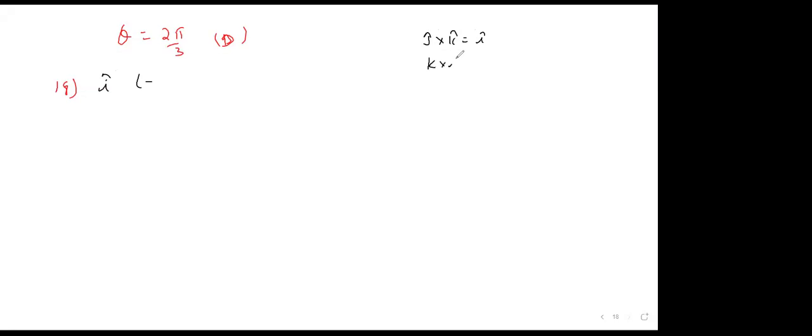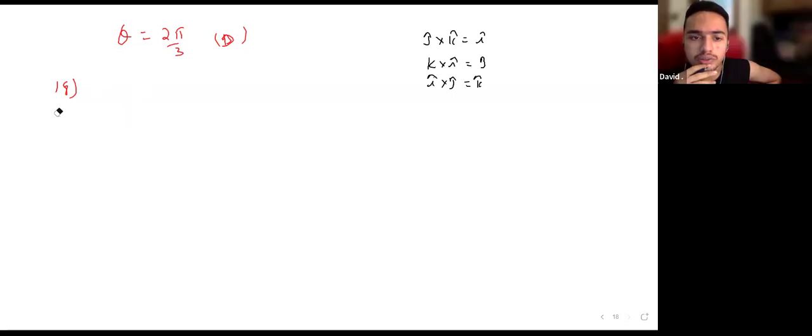K cross I is J cap. I cross J is K cap. And if we change the order, then a negative sign will be there. We discussed it as well.